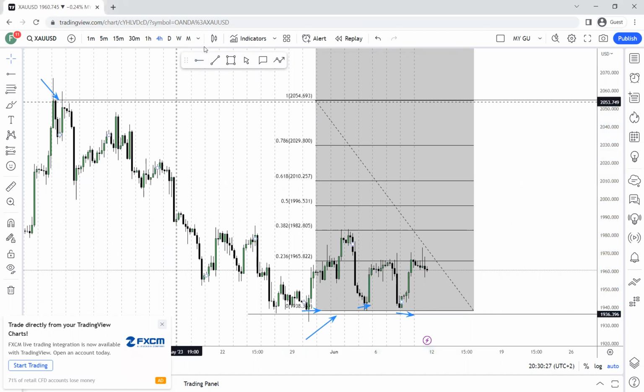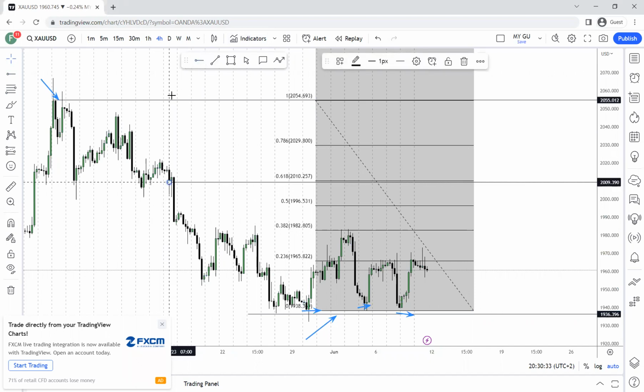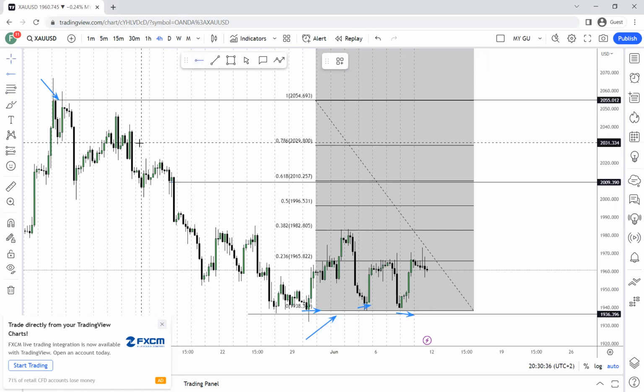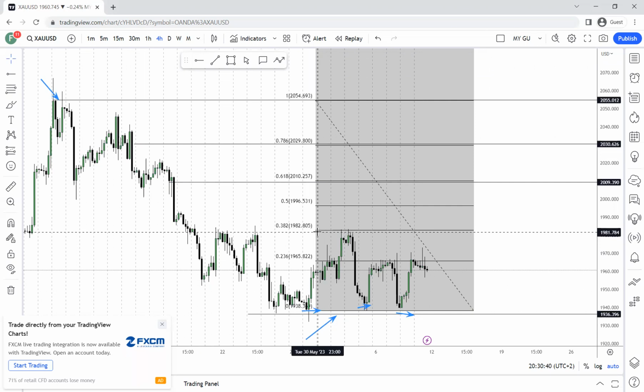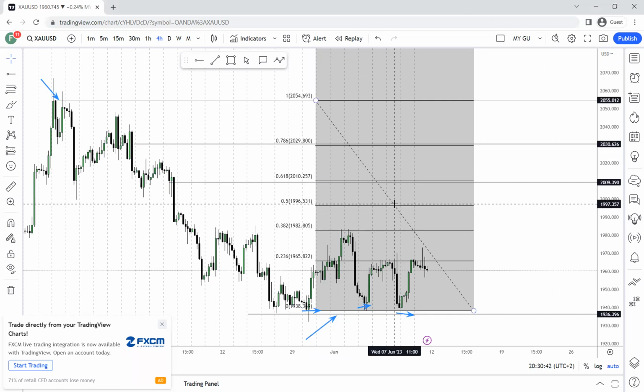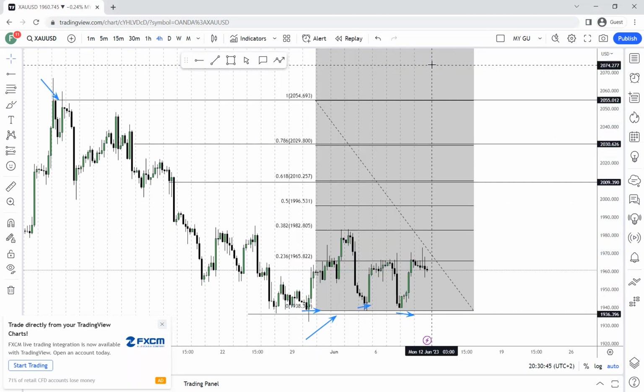And if you look to your left, you can see there's even a zone there. And then we highlight our 78, right? We remove our Fibonacci because we don't need it anymore, right? Since we have highlighted our areas, we remove the Fibonacci.